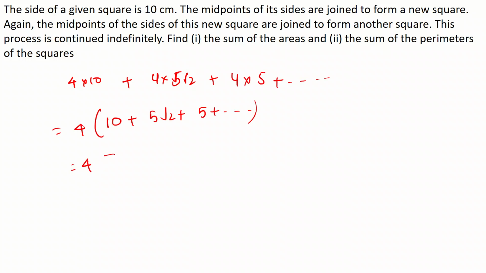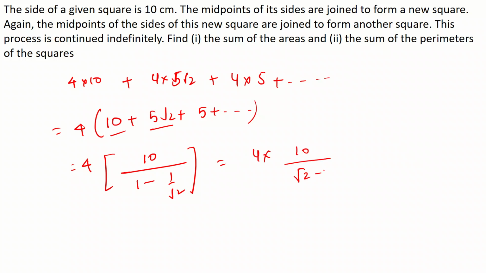So keep 4 as it is. The first term is 10 by 1 minus R, where R is 5 root 2 by 10, which is 1 by root 2. So it is 4 times 10 by (root 2 minus 1) times root 2, and then I can just write 40 root 2 divided by root 2 minus 1.